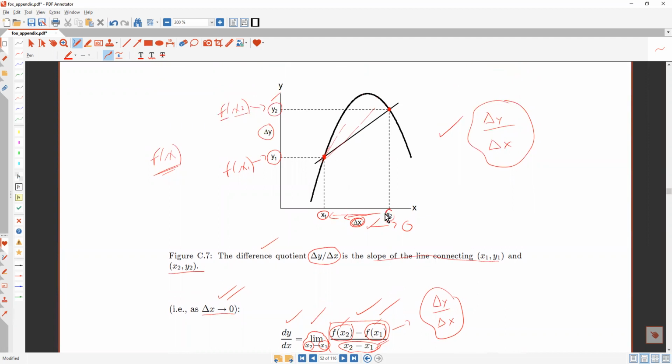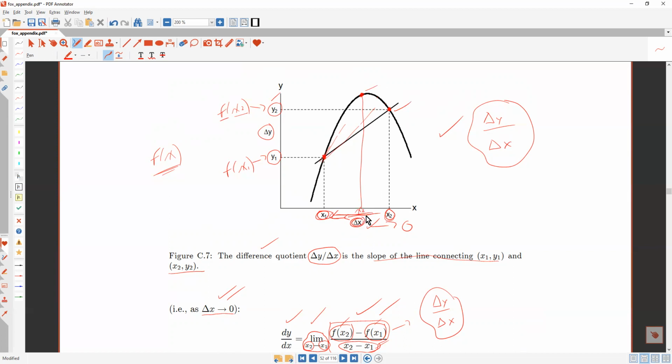Now, how much do we want x2 to go towards x1? Do we want it to go a little bit? Well, if we want to go a little bit, we'd draw it here, and we'd say, well, just go this much, right? We'd say go from here to here. Well, there's our new x2.